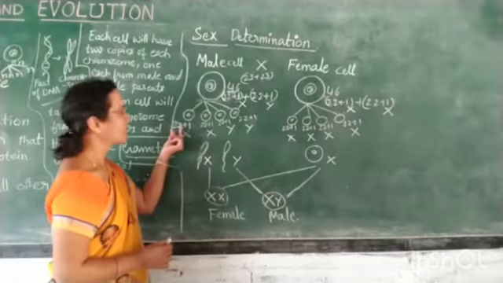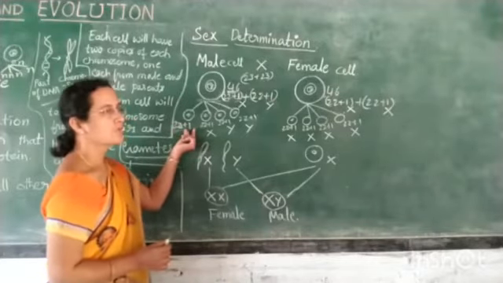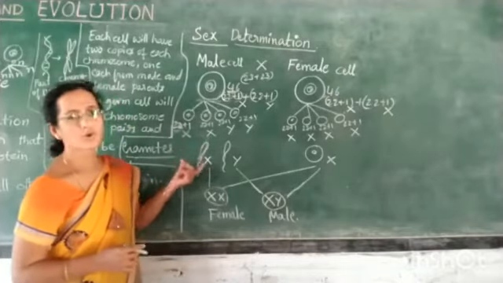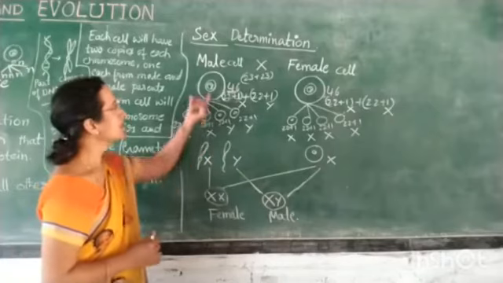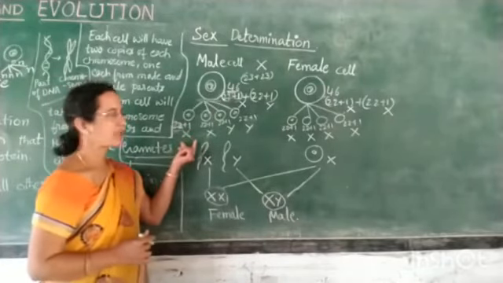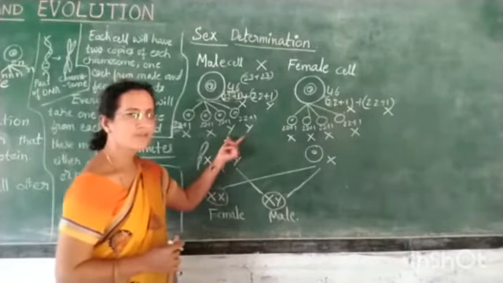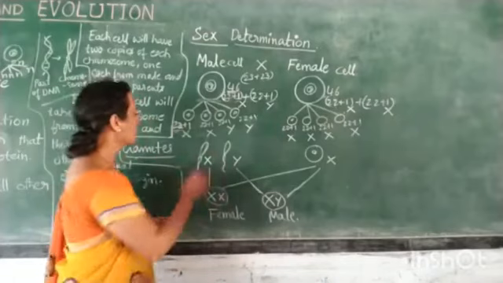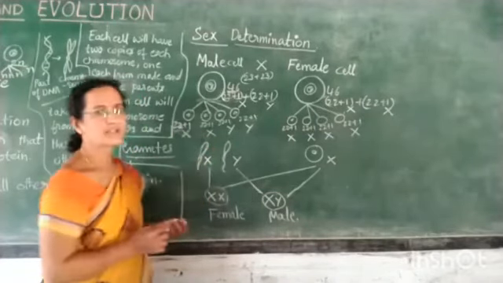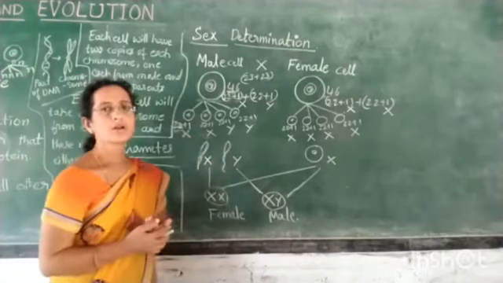So these are 22 chromosomes and another one chromosome which is very special, where there are two types of chromosomes we can see in the male cell. One type of chromosome is said to be X and another type is said to be Y. Why have these been termed by two different alphabets? Because they are not of the same kind.